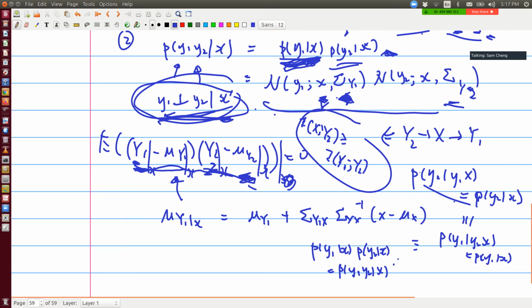If you have this, you can prove this, but I'm not sure about the other way around. I'm quite sure that when this happens you cannot say it's conditionally independent. You will probably need something stronger.